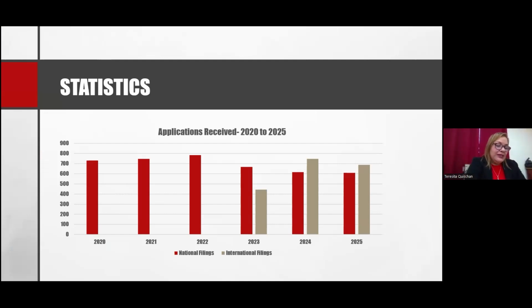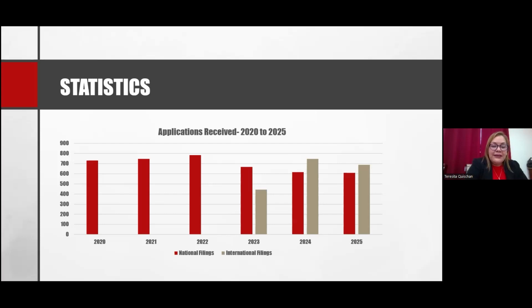For this context, we can share some statistics on the trademark applications through the national filing and through the Madrid system over the past 5 years. Belize acceded to the Madrid Protocol in 2022, and the system came into force in 2023, which is clearly reflected in the data.